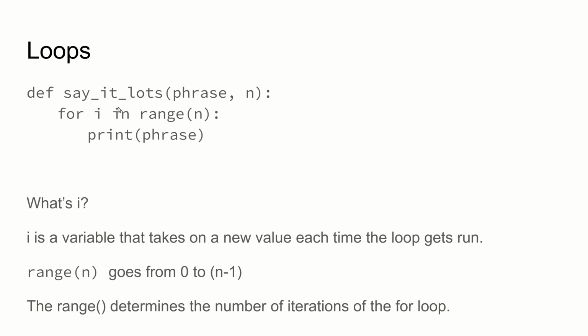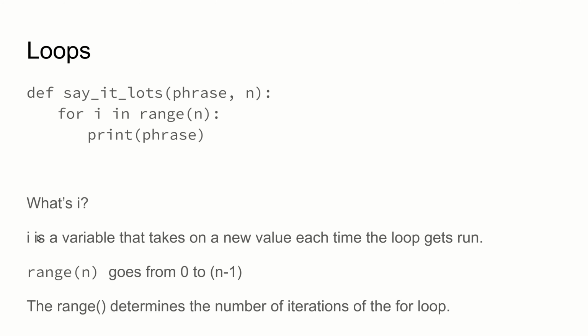If they give us 10, we'll loop 10 times. If they give us 100, we'll loop 100 times. So the thing fed to the range can be a variable that has some numerical value and will then loop that many times.